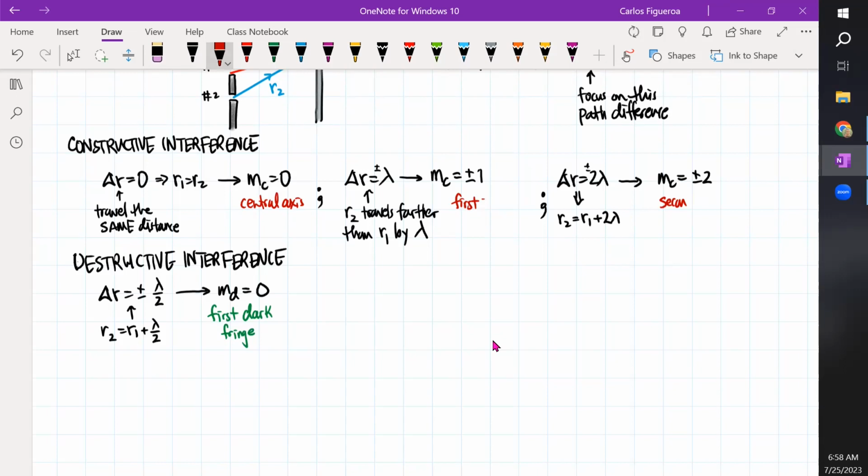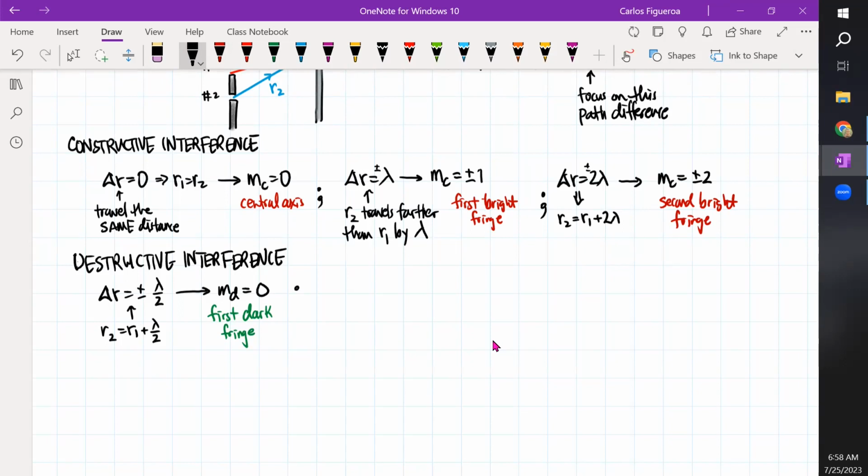Okay, let's say this is the first bright fringe, and the numbers add up because MC is equal to 1. And then here, the second bright fringe, you see that it adds up with MC. That's not the case with dark fringes.